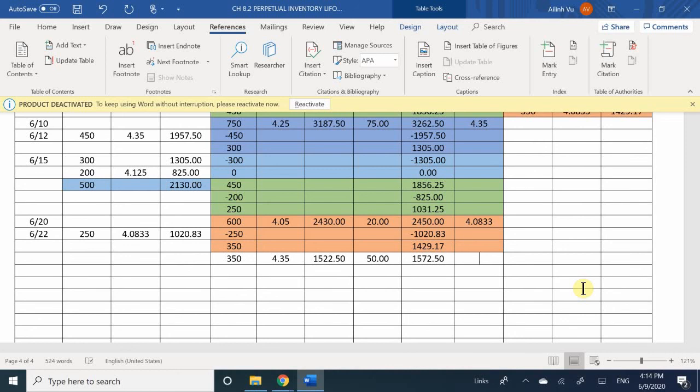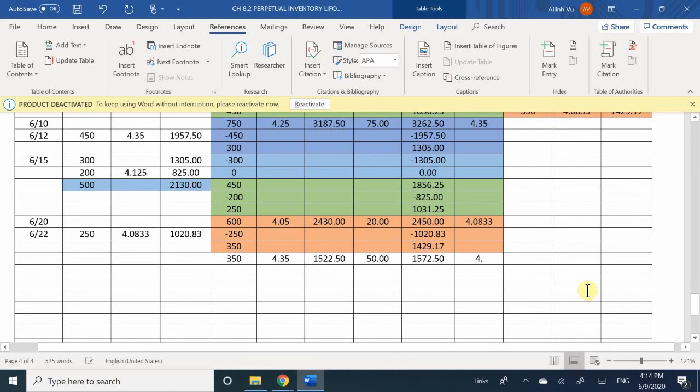Wait, make sure you do it right. I have this set on 2 digits, I need to take it off and go to 4 digits. Okay, let me get back to where I was.